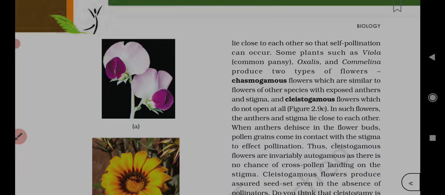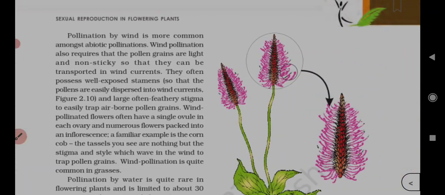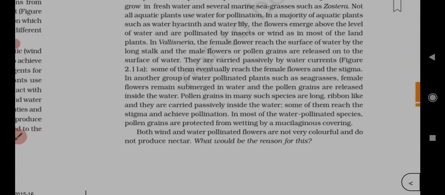So for storing specimens in museums and for herbariums, they are dried, pressed, and preserved in formalin, that is 40% formaldehyde solution. Liquid nitrogen is the thing where we preserve the pollen grains. In page number 24 it is given. If you check, this is page 29, 24 here.